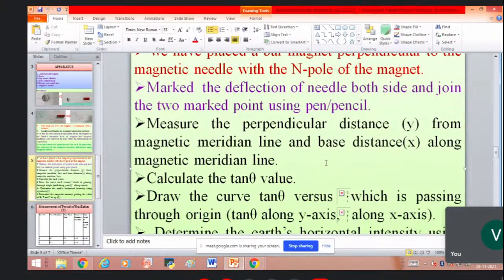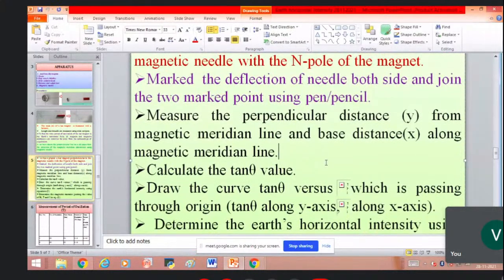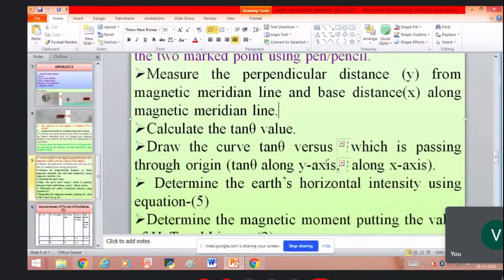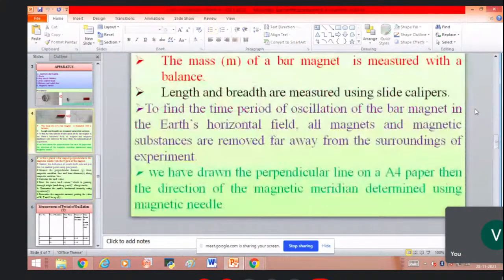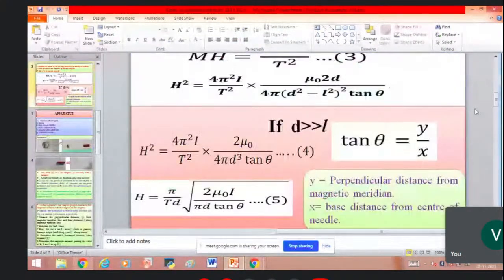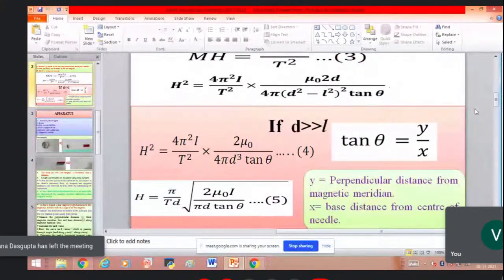We can draw the curve tan theta versus 1 by d square, or cot theta versus d square, which passes through the origin, and we can calculate the Earth's horizontal intensity using equation 5. Equation 5 is H equal to pi by 2 ht twice mu 0 I pi d tan theta.